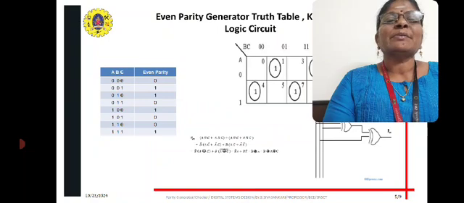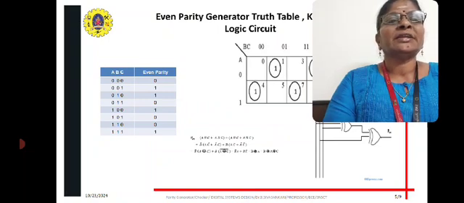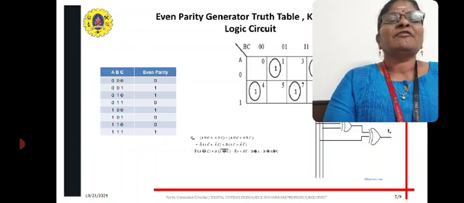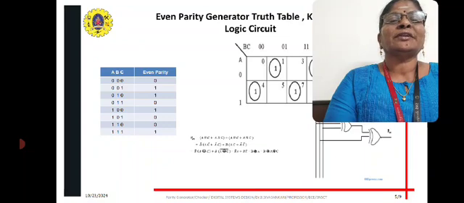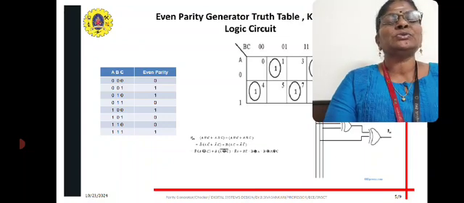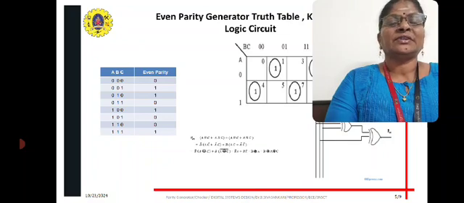First let us discuss even parity. I have taken 3 bits, ABC. In 8421 code I have written the inputs. For even parity, if the input is 000, it is already even, so I need not add any additional bit, and I have given 0 as my output. Next, if it is 001, it is in odd condition, so I need to add one additional bit to make it even, so my output is 1.